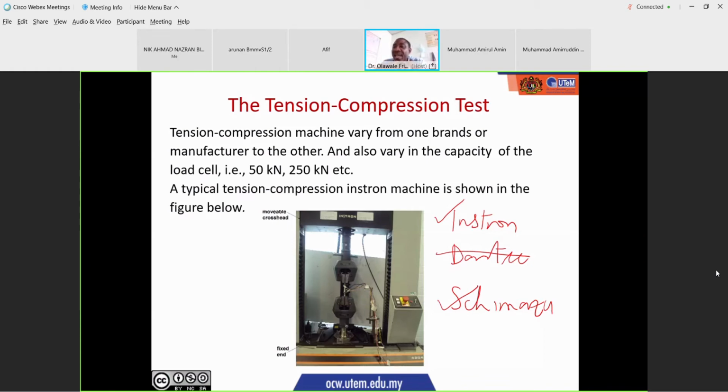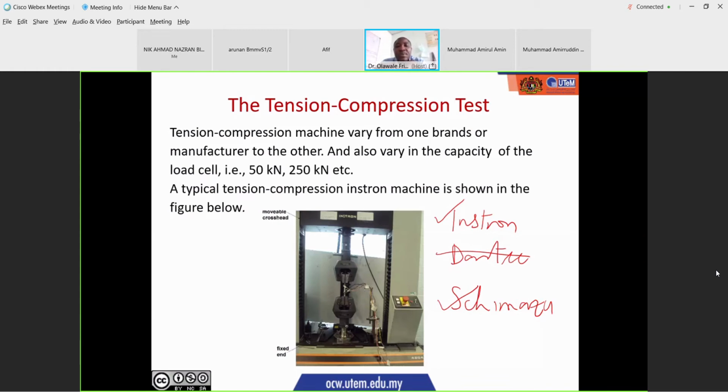So for a 50 kN load cell, you cannot test beyond 50 kN. For 100 kN, you cannot test beyond 100 kN. Same with your mobile phone. Some of you, the maximum, your RAM is 2 gig and your memory is 16 gig, but for some, they are using 8/256, for some 6/128. So it depends on the brand and the capacity.